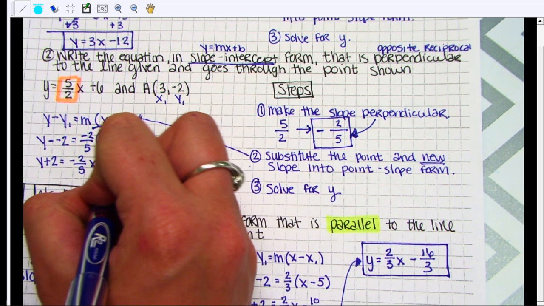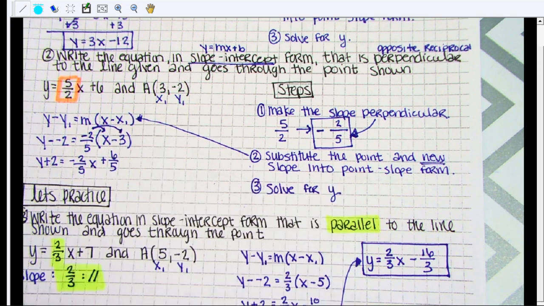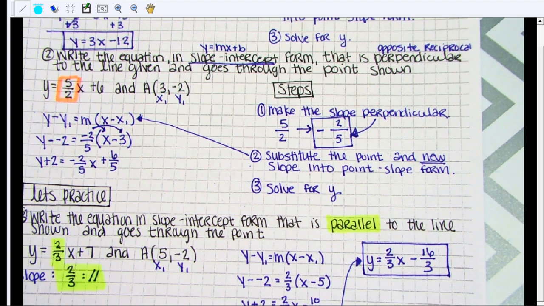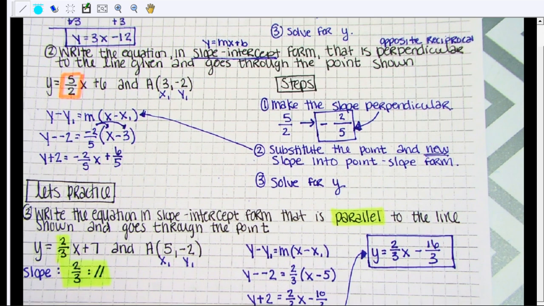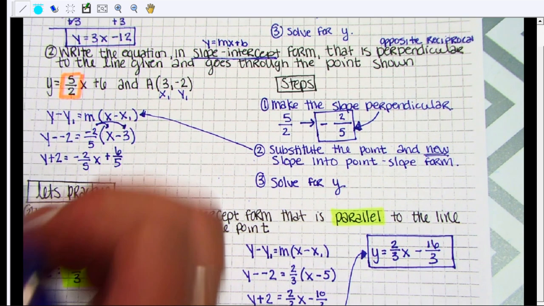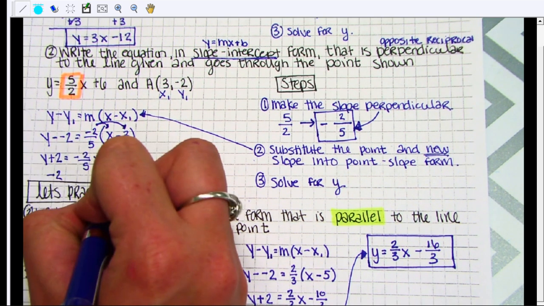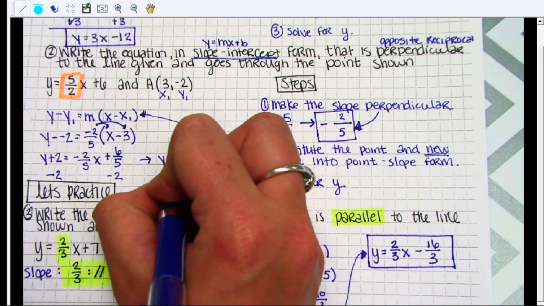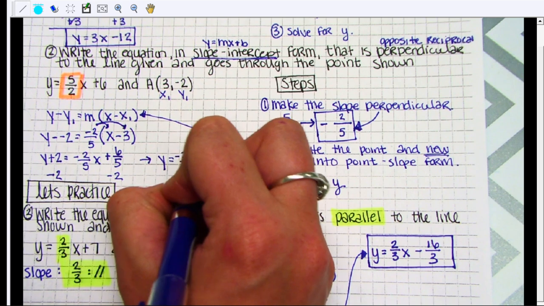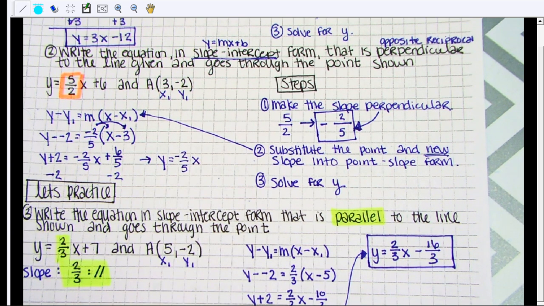Positive 6 over 5. We're going to get some fractions. It's okay. The fractions come from whenever we have a fractional slope. Fractions can exist. What's next? Subtract 2 from both sides. And I'm going to rework it right here. So I get y equals negative 2/5 x.